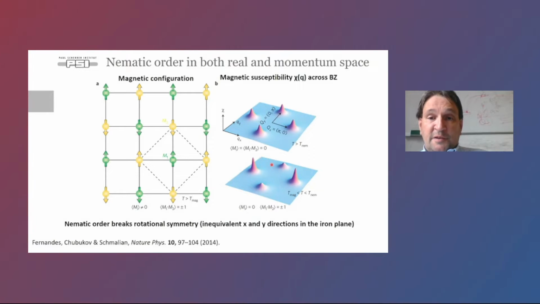You see different intensity of the magnetic reflection peaks. If you then cross the nematic phase transition, when you are in a temperature regime above it, you lose this inequivalence. You again have basically equivalence of the magnetic response in both Qx and Qy momentum directions.